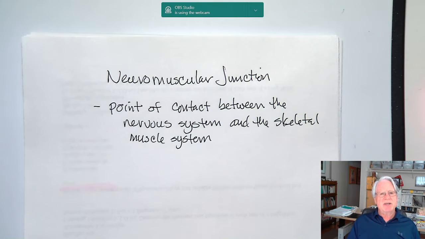It's where the two come together. And what we need to understand is how that is put together, how that is constructed, and what's happening at that point of contact between the nervous system and the skeletal muscle system.